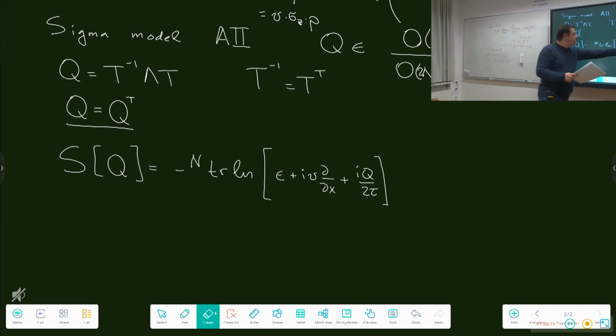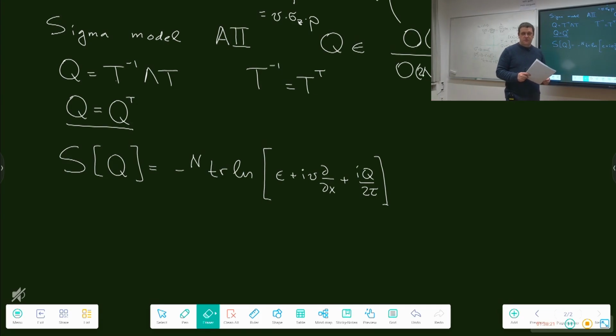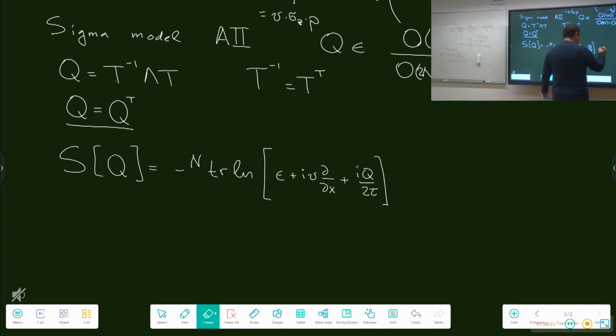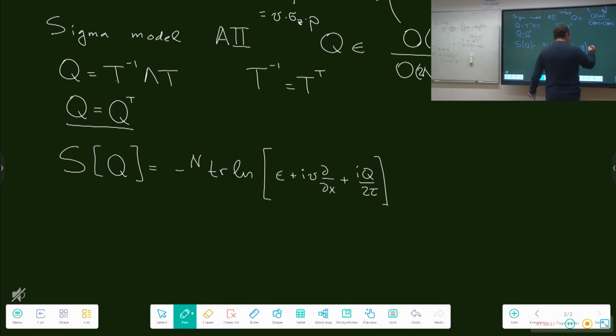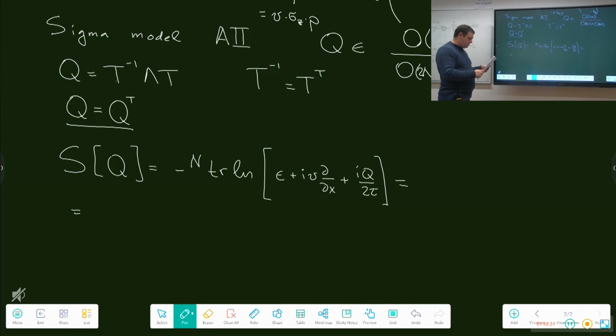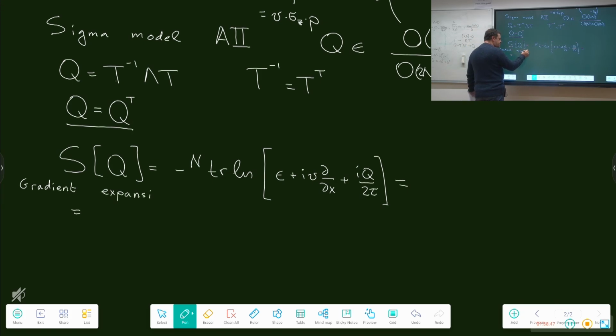And we already did the expansion of this logarithm, right? We did it for the unitary class just recently, a few minutes earlier. So I can expand this thing again as we did there, and after gradient expansion, I already know the answer.